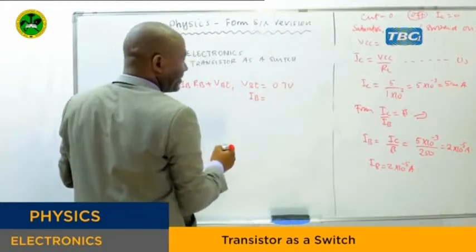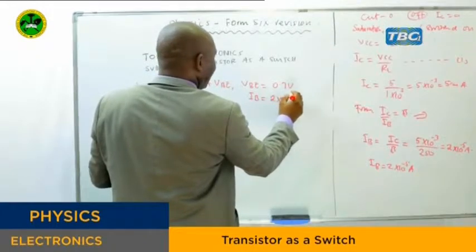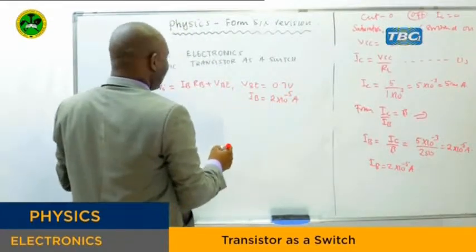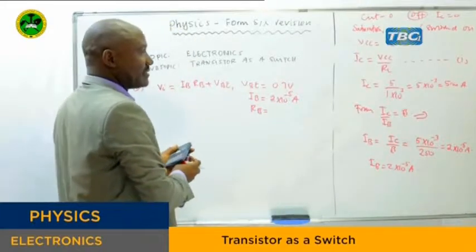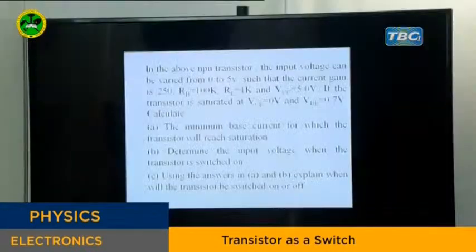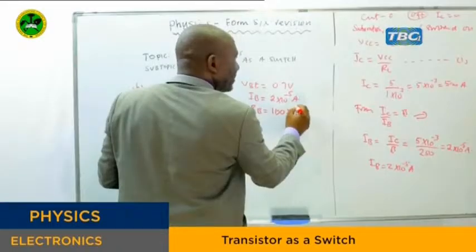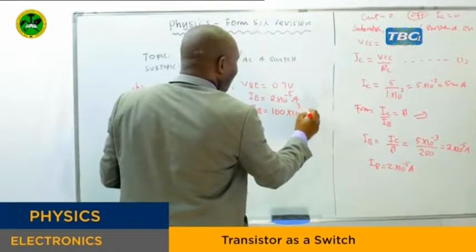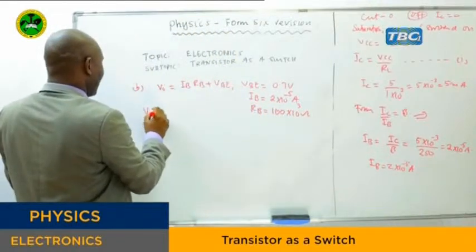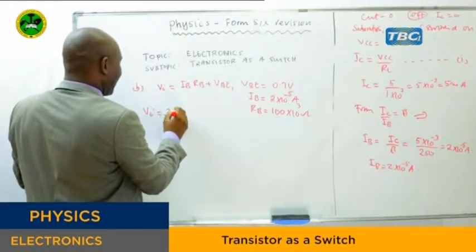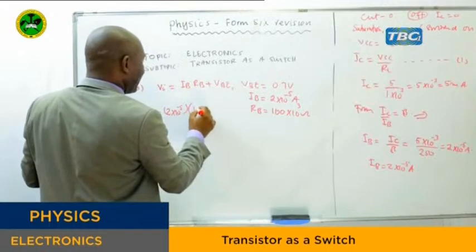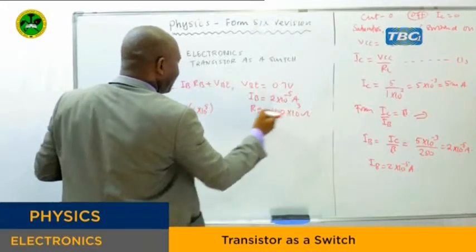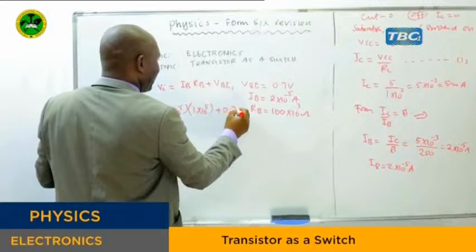We found the base current as 2 times 10 negative 5 ampere, and the value of RB was given in the question as 100 times 10 power 3 ohms. So you are supposed to find VI. This equals 2 times 10 power negative 5 times RB, which is 1 times 10 power 5, plus 0.7 volts.